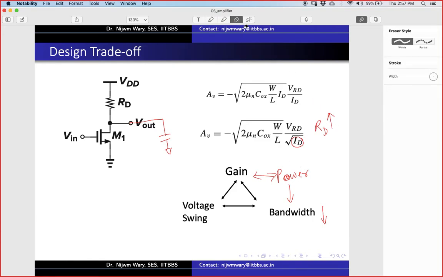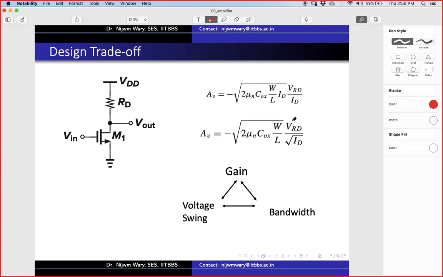Now, what about if I increase this VRD? What happens if I increase this VRD? My swing will get limited, because if I increase this VRD, it can push this transistor into the linear region. So the swing will get affected. If I am trying to increase the gain by increasing this VRD, my voltage swing will get reduced.